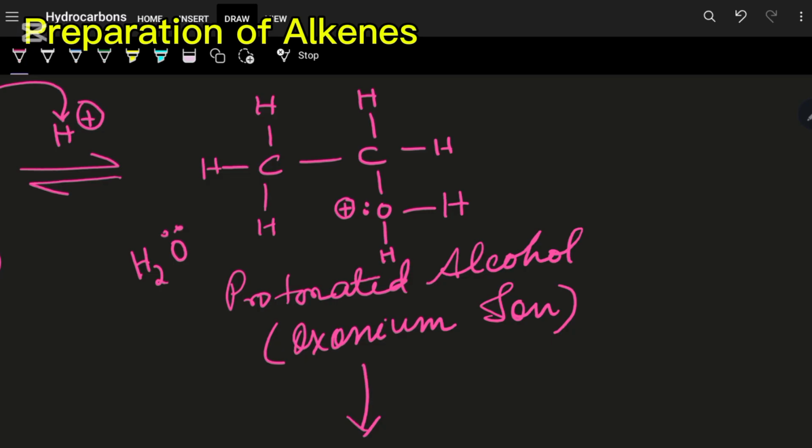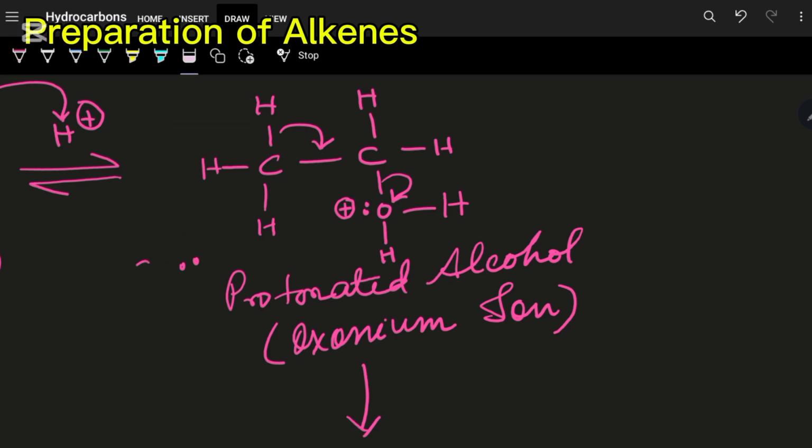This H2O abstracts this proton, forms a double bond, and there is elimination of H2O. So what is happening over here is, you can see it in this manner, there is elimination of H2O, or you can see it the other way also.